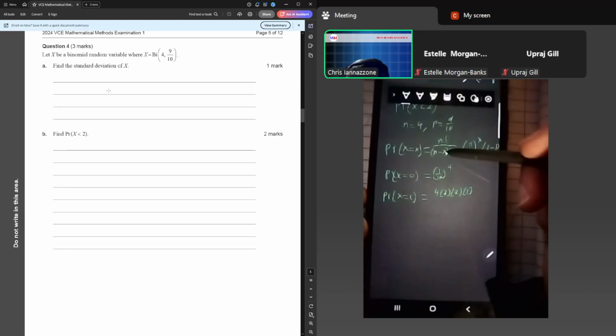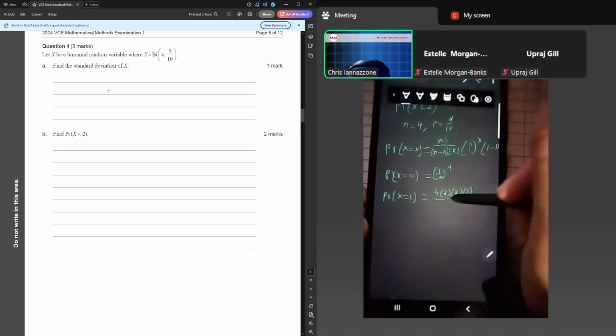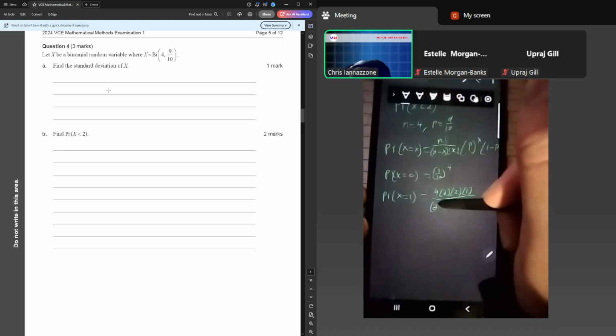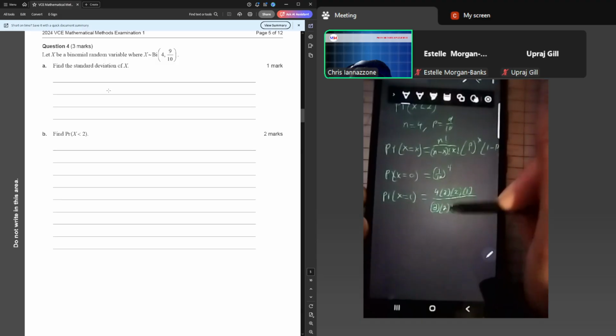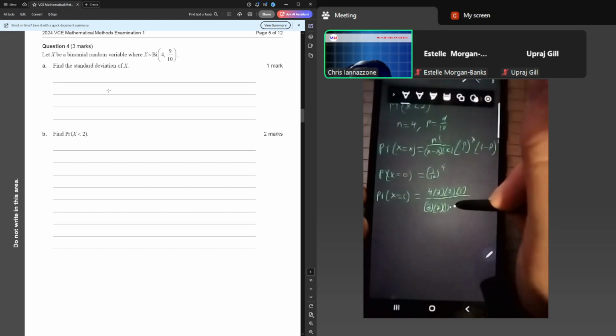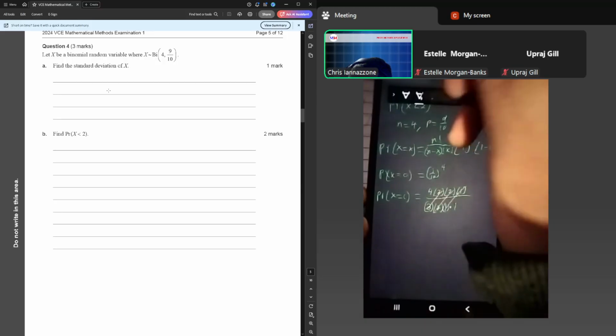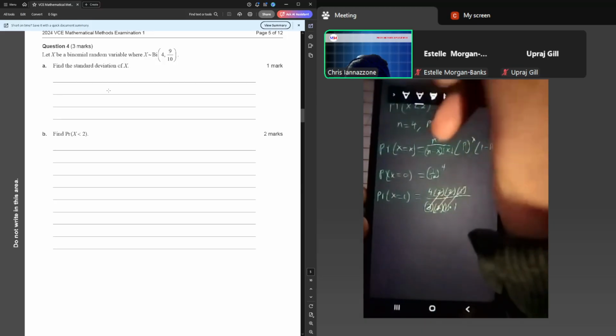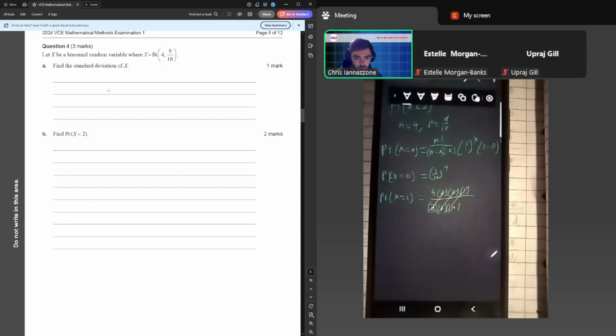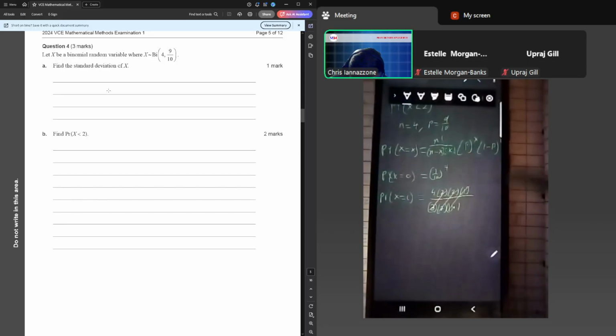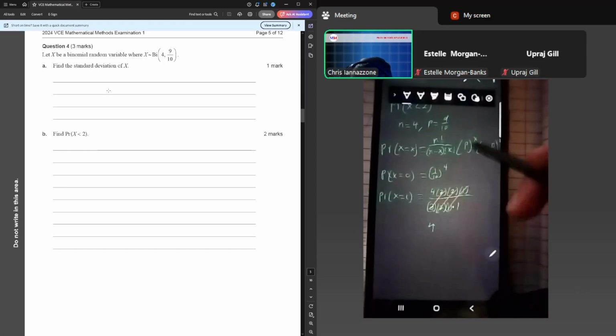If n is 4 and x is 1, that means you've got 3 factorial down there. So you've got 3, 2, 1 times x factorial. So 1 factorial is just 1 again. Cross, cross, cross. You're left with 4, which is n. So basically any n choose 1 is always just n. So leave that as 4.